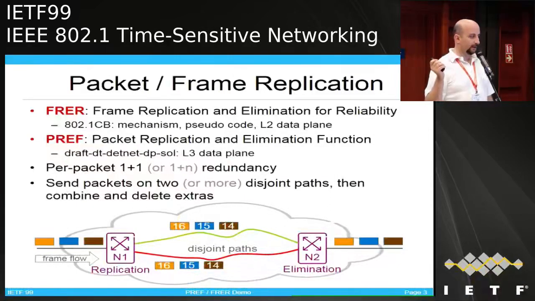In that document, it is called the packet replication and elimination function. So that's why the two abbreviations. Both, as was explained during the tutorial, are based on having disjoint paths and sending identical copies with a sequence number to the elimination point, which gets rid of the surplus.